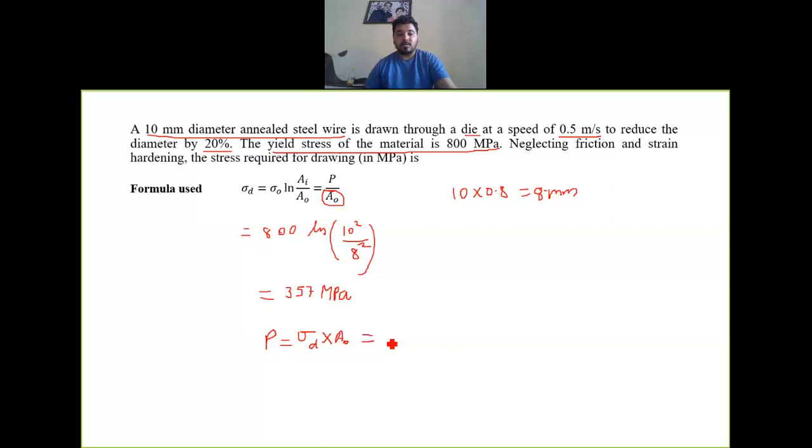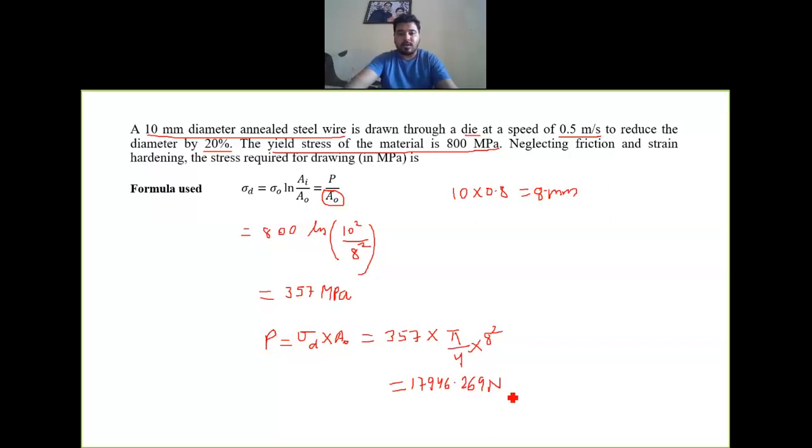The sigma d is calculated as 357, into the area; outer area will be pi by 4 into d square, which is 8 square. So we get the drawing force, which is 17946.269 Newton.